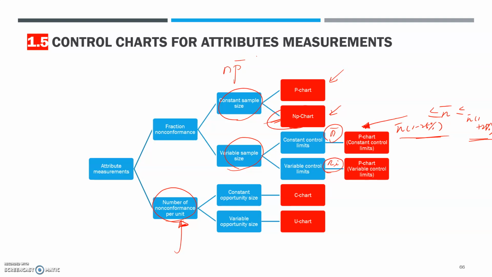Even though we're talking about the count there, our primary measure was still fraction. But here, from this particular type of data, we are directly looking at the count of nonconformances without considering the fractions. Because fraction follows the normal distribution, but the count actually follows the Poisson distribution, as I stated earlier.